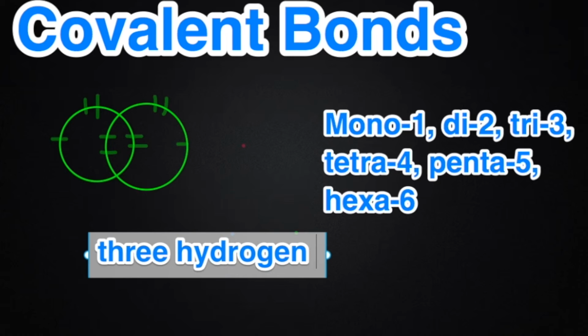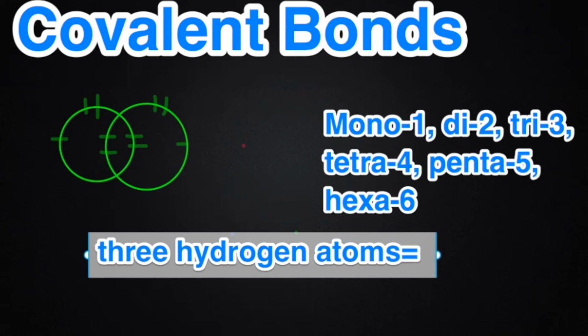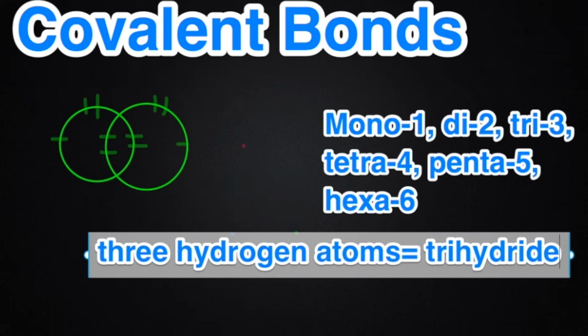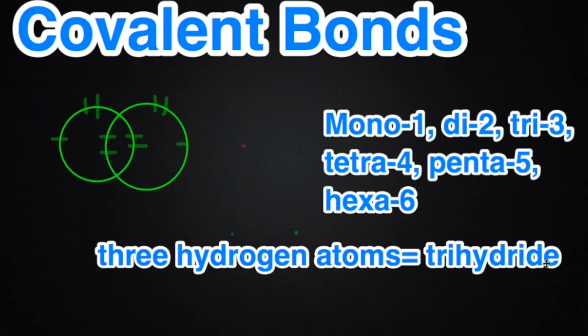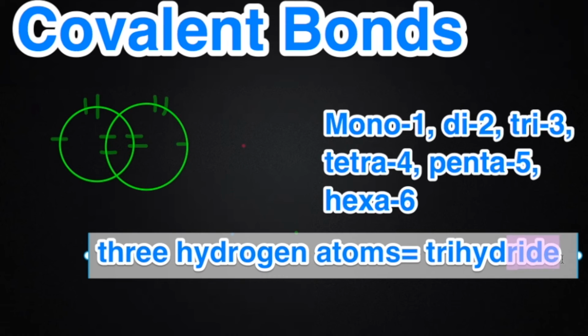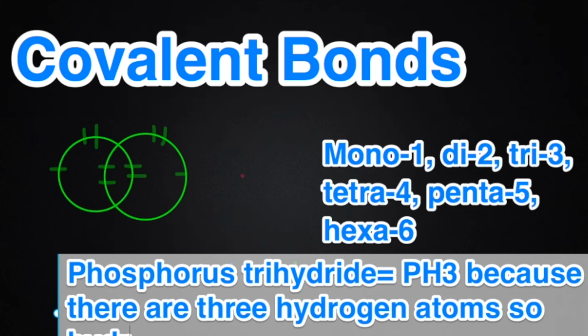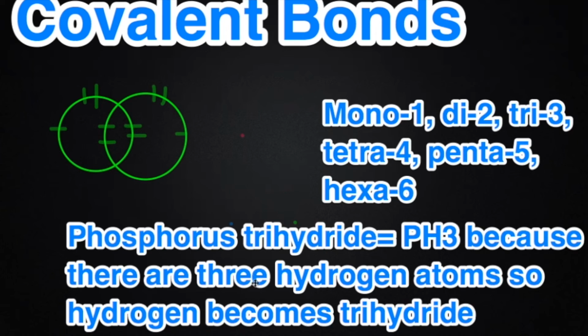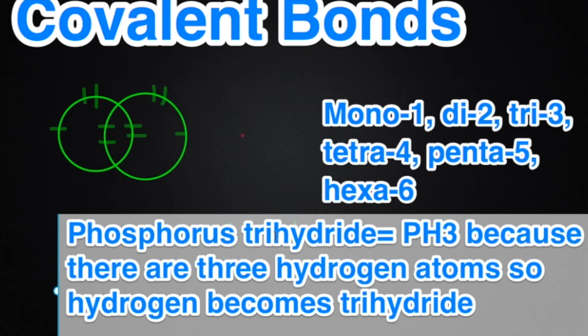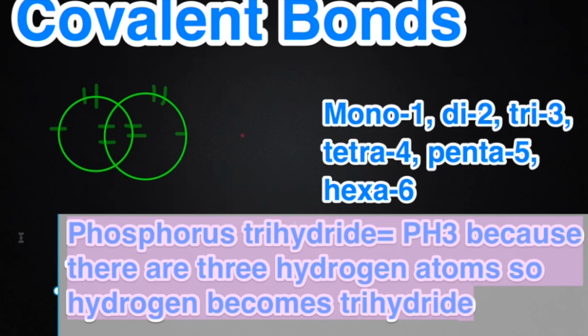The mono prefix is usually not used for the first element in the formula. The O and A endings of these prefixes commonly are dropped when they are attached to oxide. Through the prefixes, you can figure out the formula of the covalent bond because you can see what the compound is and how many bonds are made.